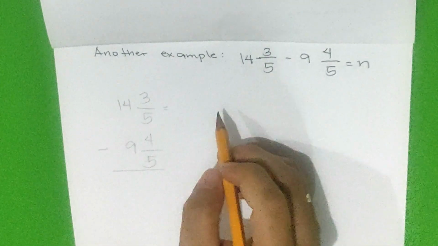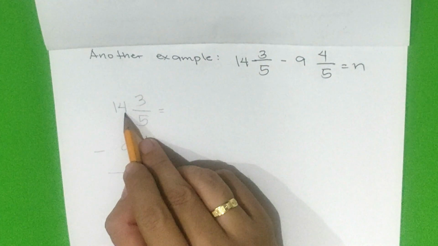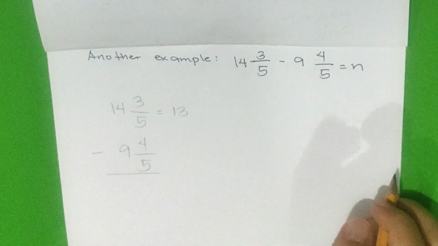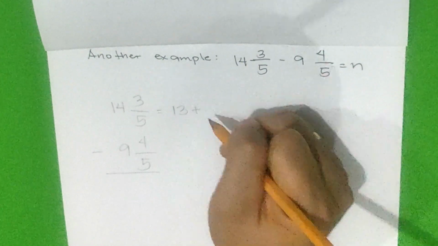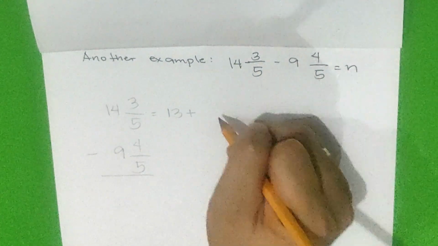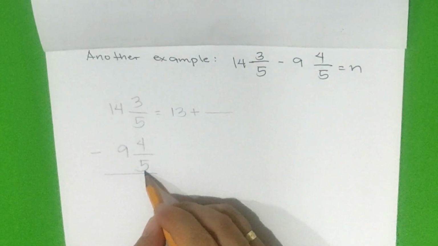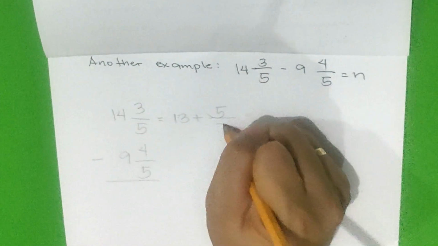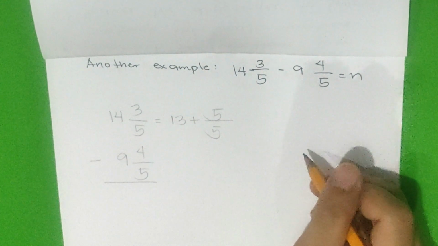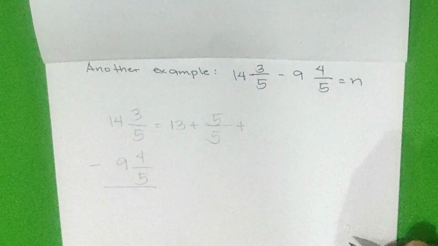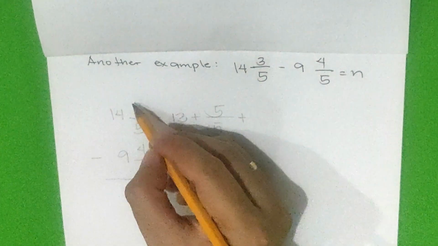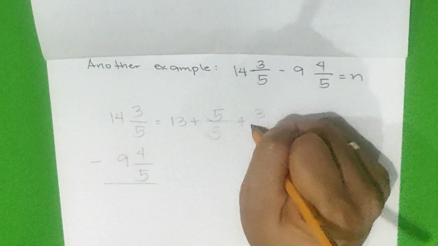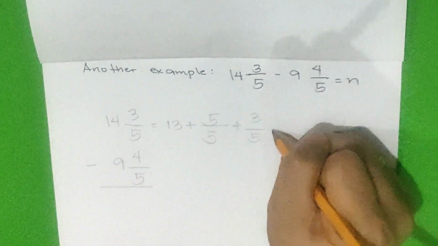So let's reduce 14 by 1. It becomes 13. And let's write an addition sign and copy the denominator of the subtrahend, which is 5, as the numerator and the denominator. And again, let's write an addition sign and copy the original proper fraction, which is 3/5.